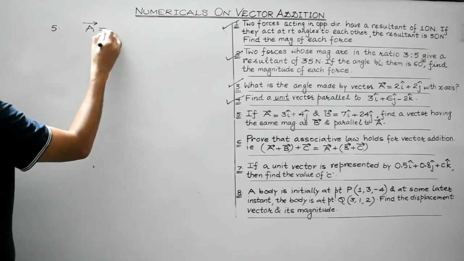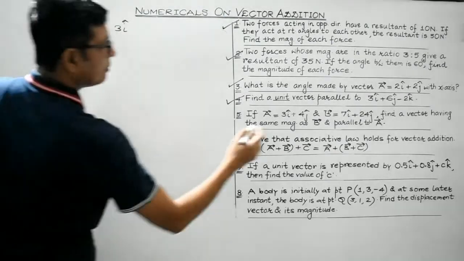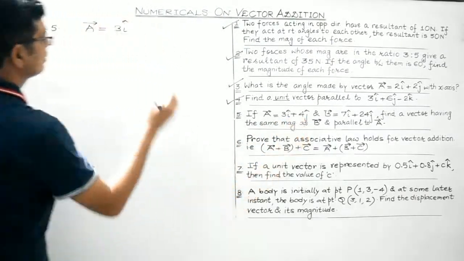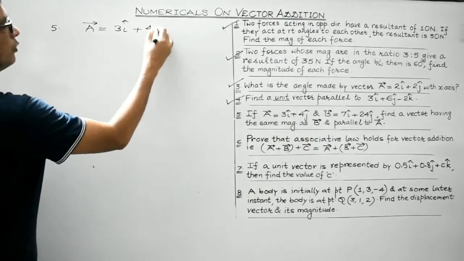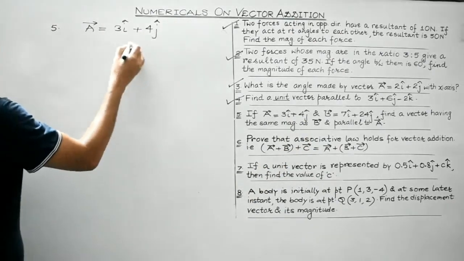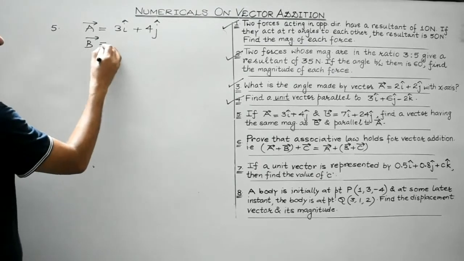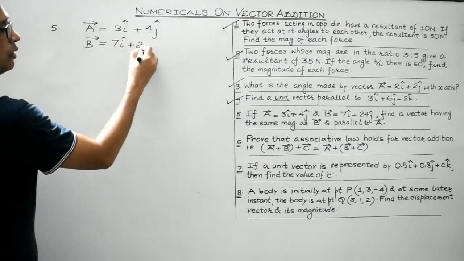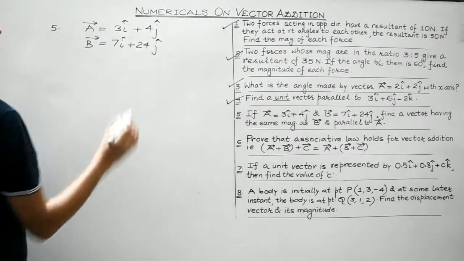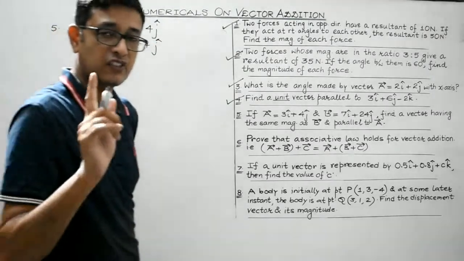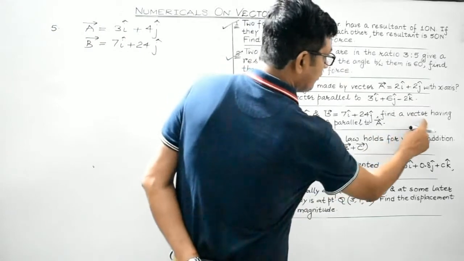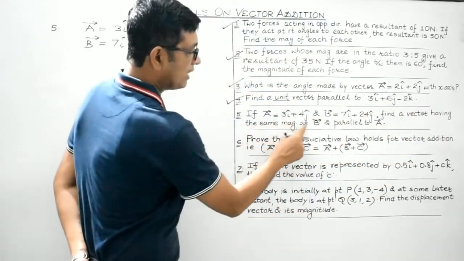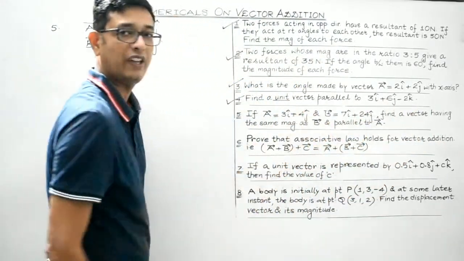A vector is given to be 3i cap plus 4j cap and B vector is given to be 7i cap plus 24j cap. Now students, let's read the question again. Find a vector having the same magnitude as that of B and parallel to A.